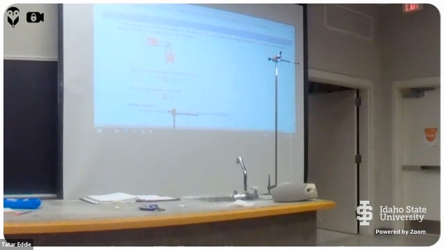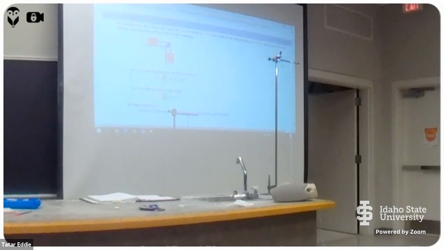Factor out acceleration, and you get the weight is equal to acceleration times (m1 plus m2). Therefore, the acceleration of the system is equal to the weight of the second object divided by (m1 plus m2).